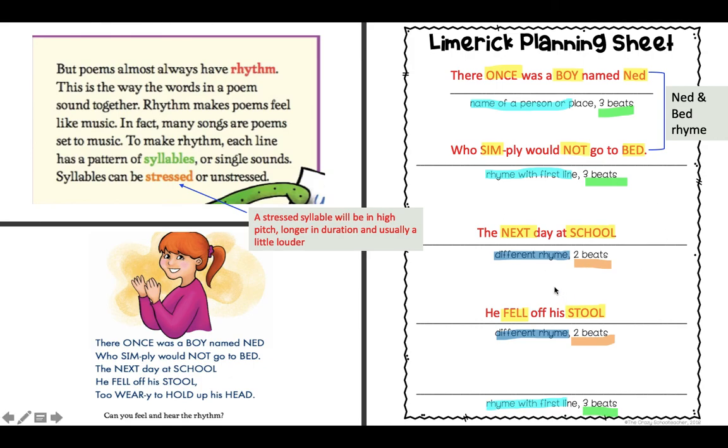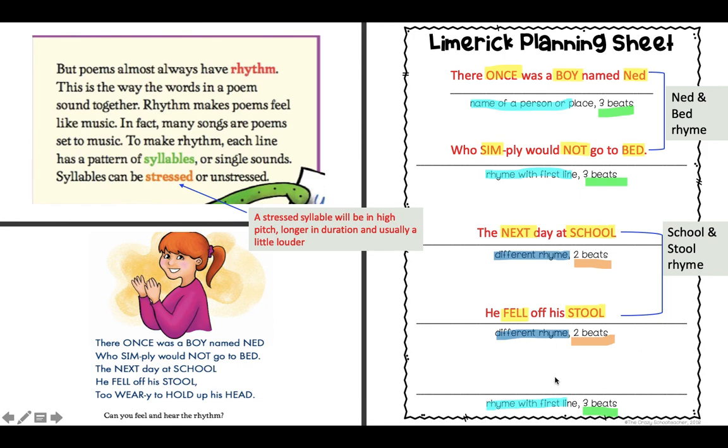So remember, 2 beats. The next day at school, he fell off his stool. So 1, 2. And then you'll see that the middle line rhymes with the next line, school and stool.